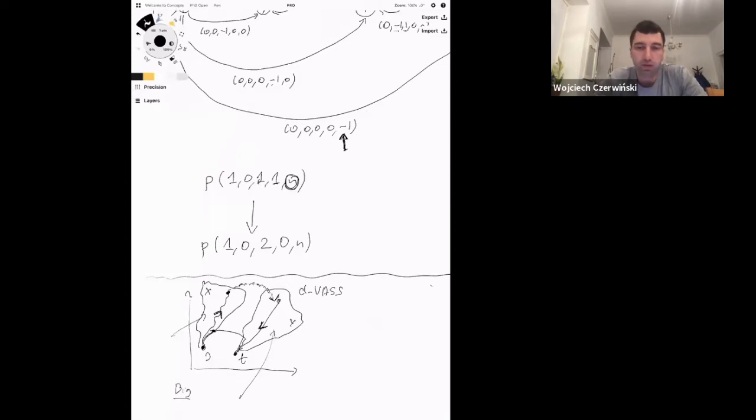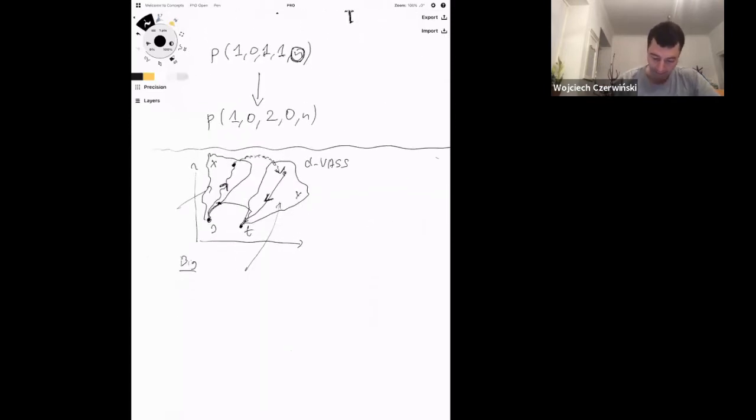Of course, if we construct a VASS, so maybe some remark about the length of paths. Usually, the usual approach to reachability is the following.